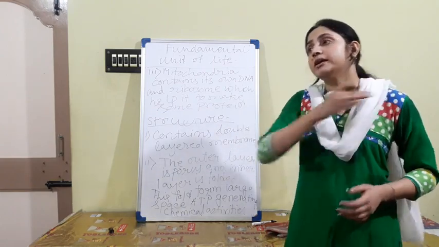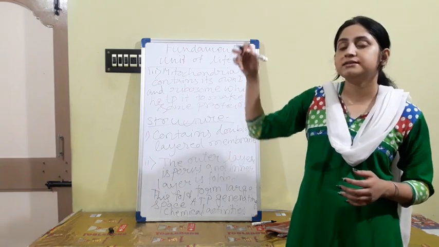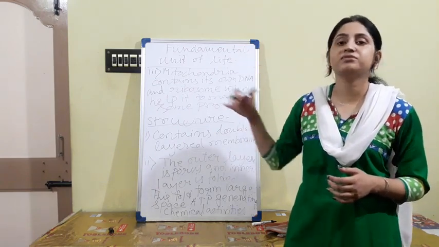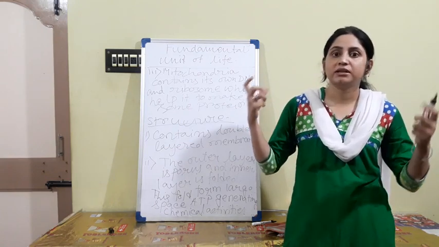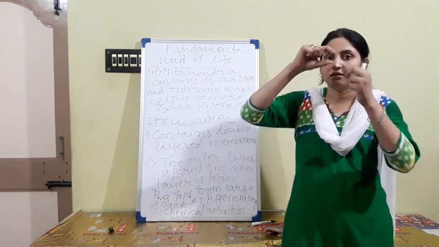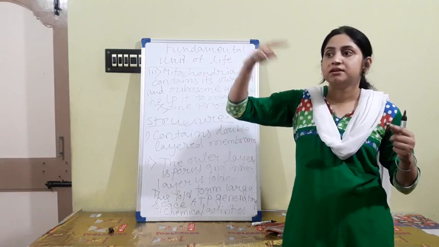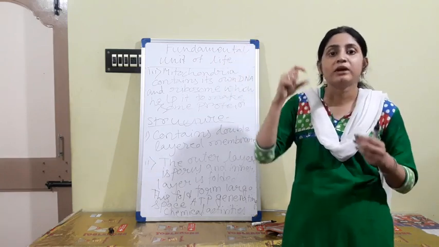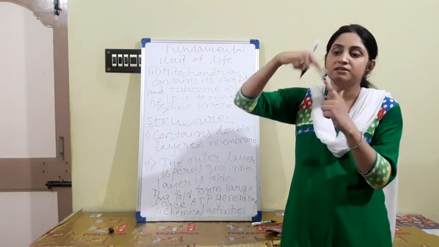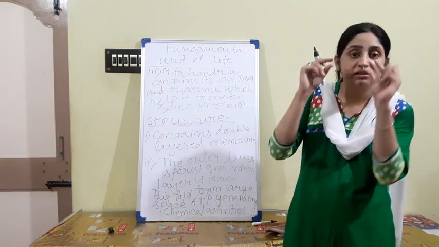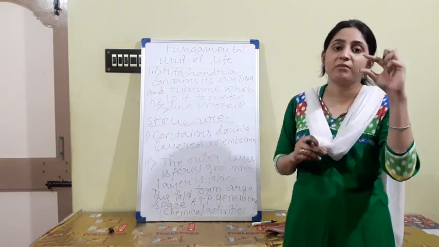And second, the inner membrane that is present inside the mitochondria is very much folded. If you have seen a landline telephone, there is a spring like structure, or you have seen a spring. In small spaces a large amount is present.